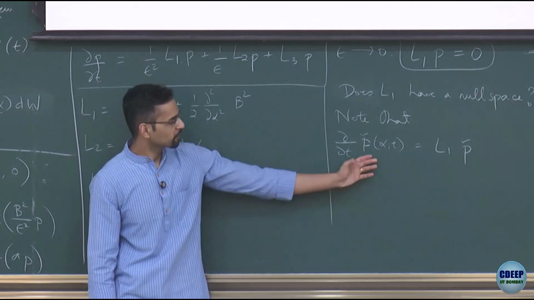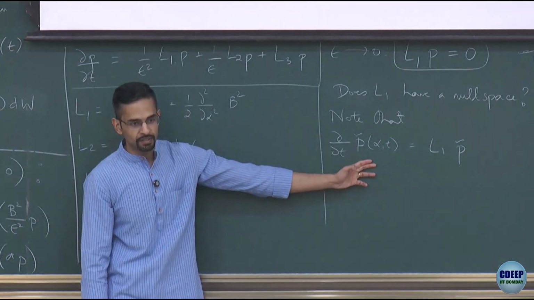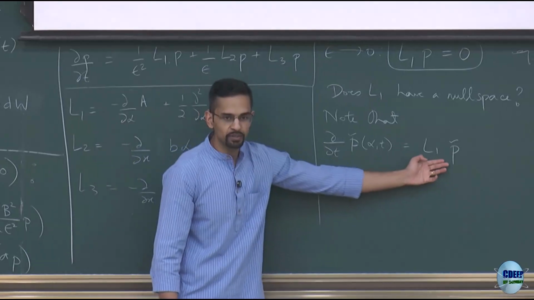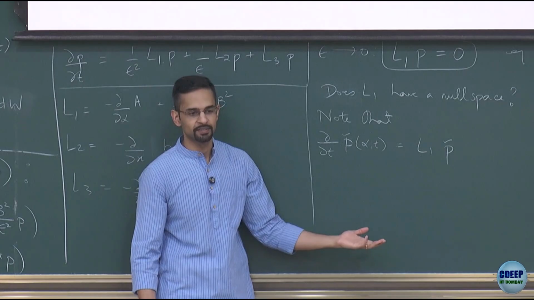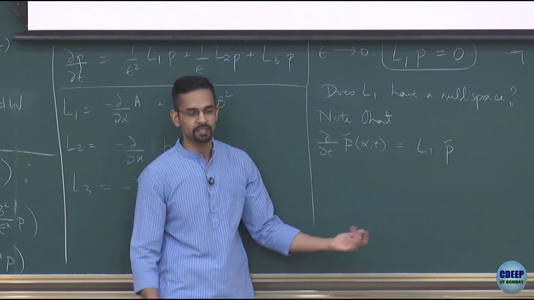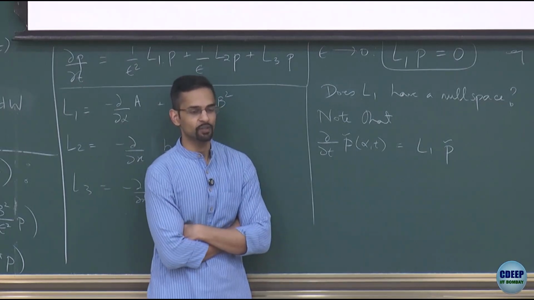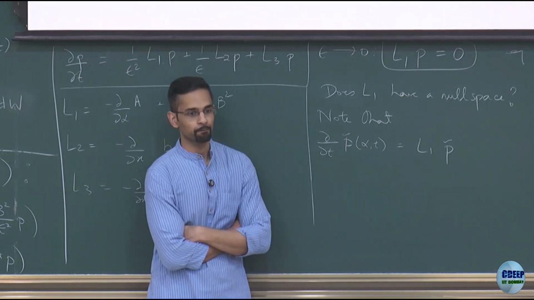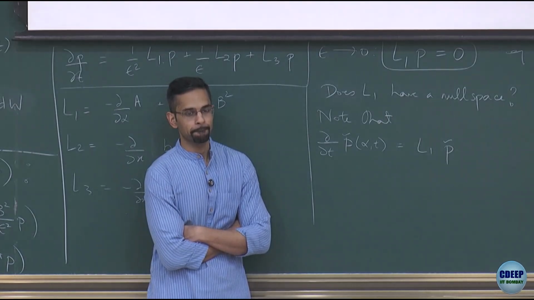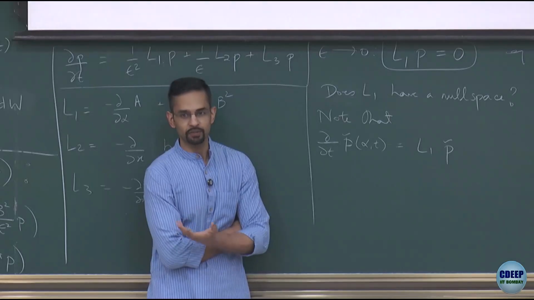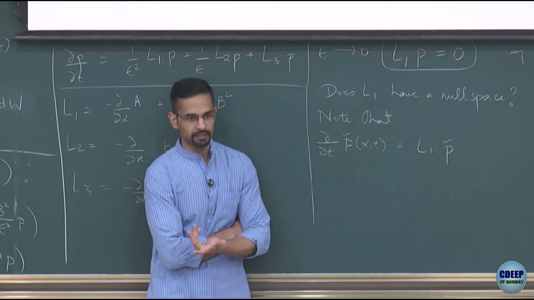What is the implication of the probability distribution such that d by dt of the probability distribution is 0 here? What distribution is that? And are you guaranteed to have such a distribution? It's a distribution of the stationary process.